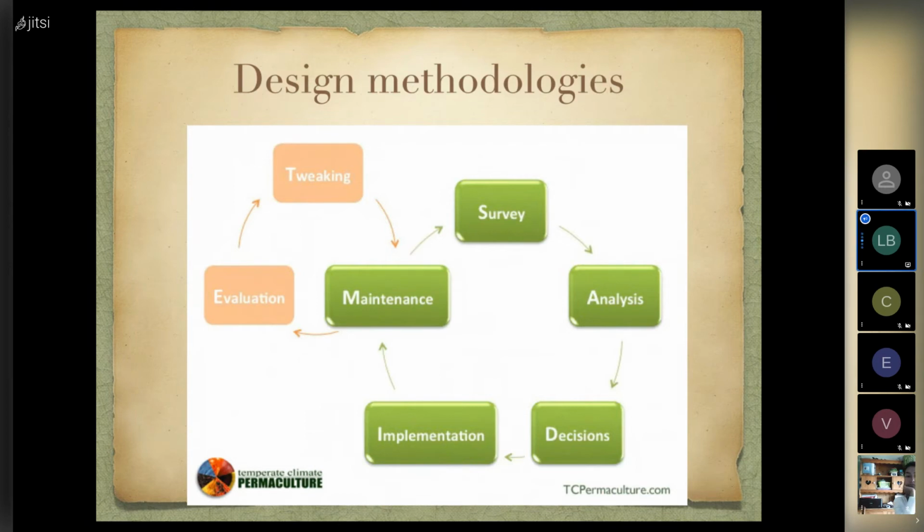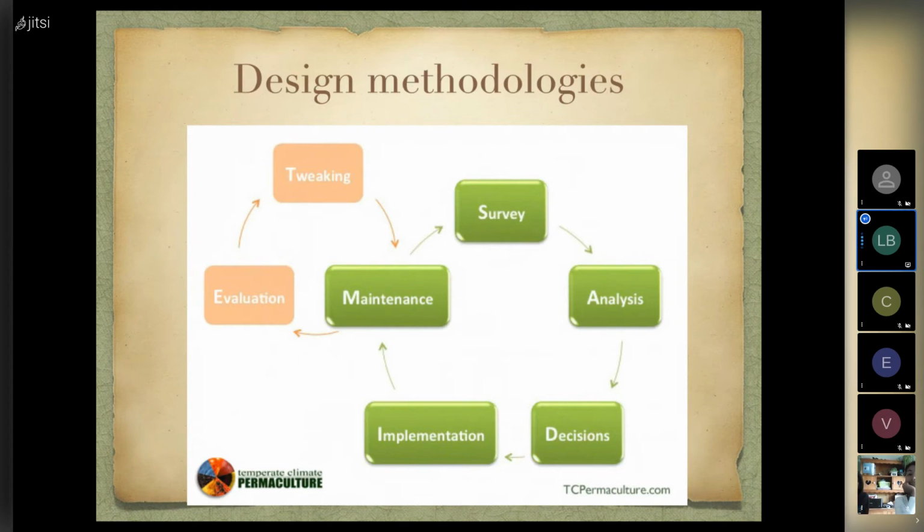And it's presented here as two kind of circles. So the SADM part, survey, analysis, decisions. I learned this as design, but I guess when you're making decisions, you're also designing. So yeah, in this image, it says decisions, but I was taught it as design.